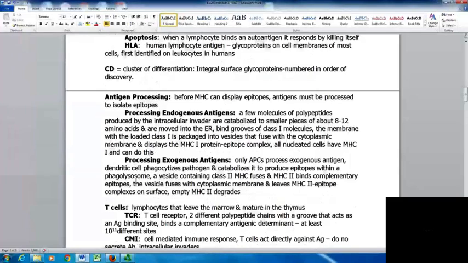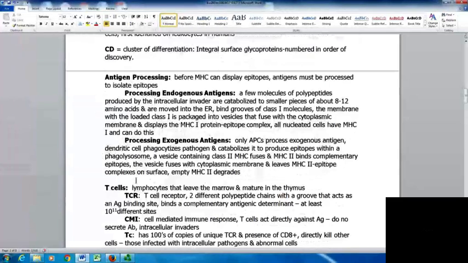So after we have an antigen, we're going to need to process it. In antigen processing, this occurs before the MHC can display the epitopes. The antigen must be processed to isolate the epitopes. When we process endogenous antigens, a few molecules of polypeptides produced by the intracellular invader are catabolized into smaller pieces that are about 8 to 12 amino acids long.